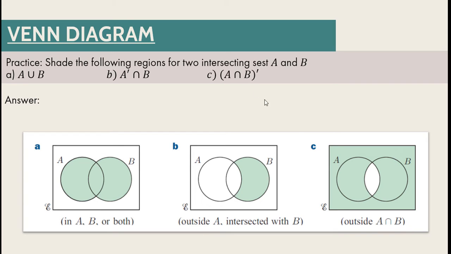I'm sorry, the complement of the intersection of A and B. It means the things that are outside the intersection of A and B. So you can see that we color the part that is the complement of the intersection of A and B.